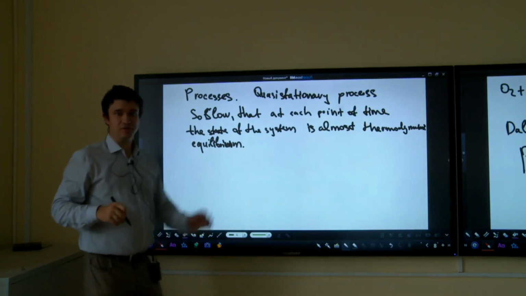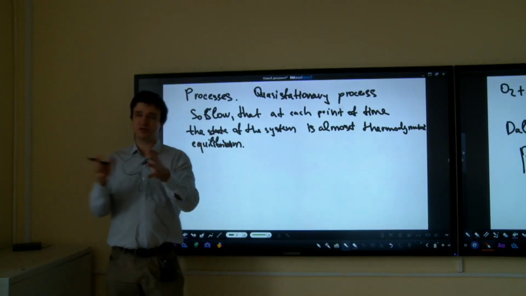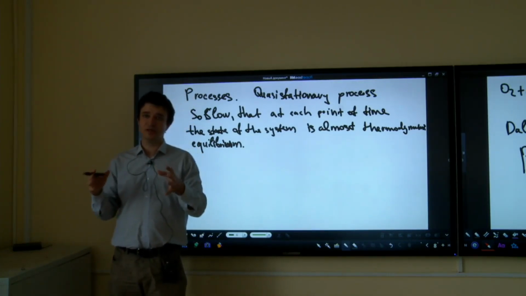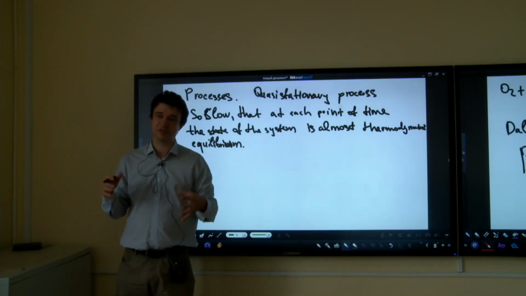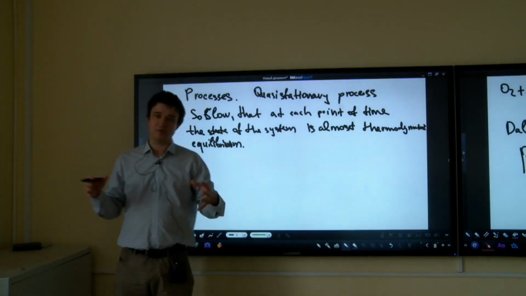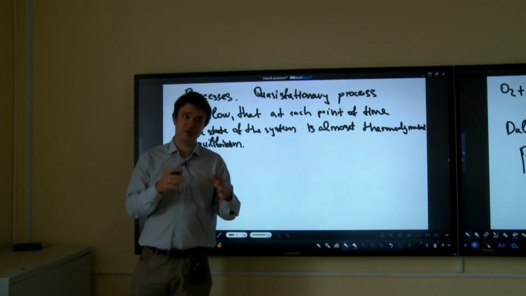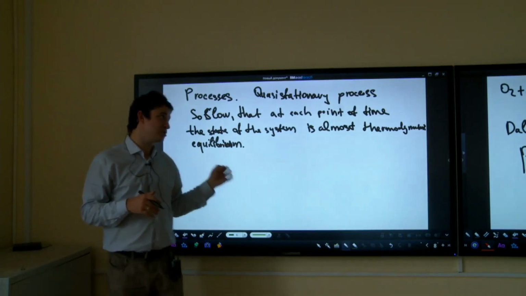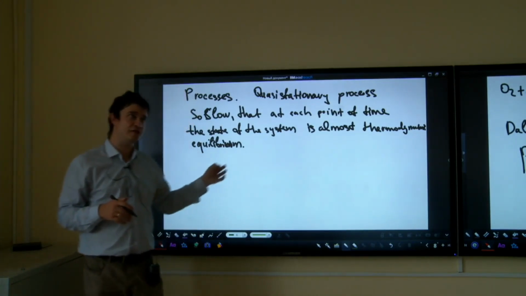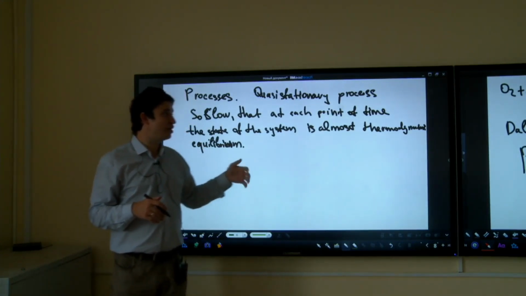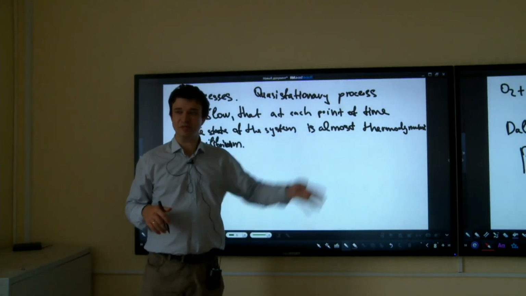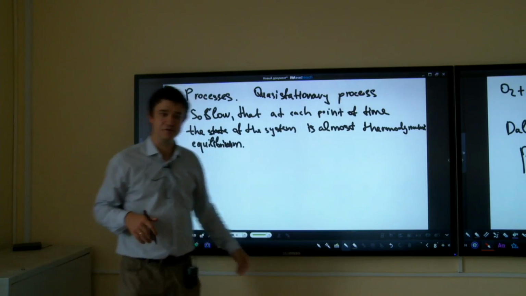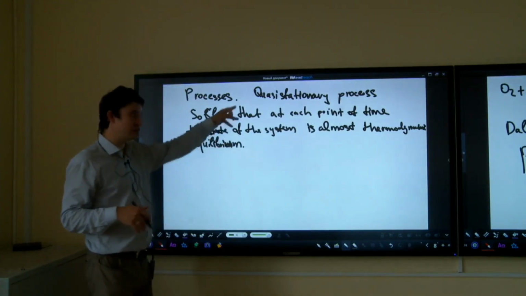Okay, so you change the external conditions so slowly that after each change it takes some time for the gas to adapt to the new conditions. But if you do this slowly, then at each point of time your gas would be almost in thermodynamic equilibrium. That's why we can describe it by a small number of variables, and we can use all of these laws of thermodynamics for the real process.